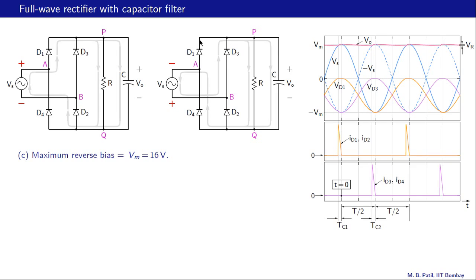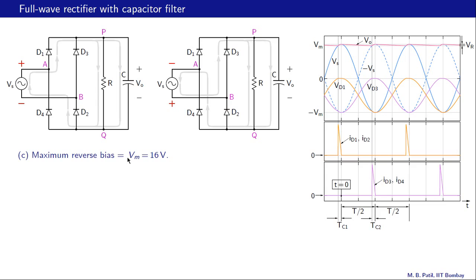So the negative end of D1 is at node P, and the positive end is at the same potential as node Q. So the difference between P and Q, which is Vm, appears across D1, and that of course is a reverse bias because Vp is higher than Vq.